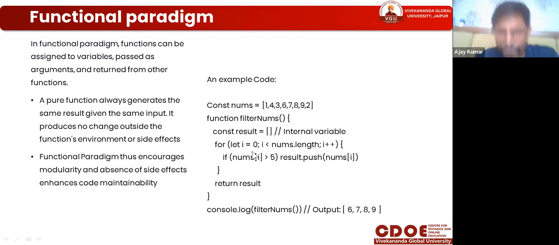Here we use a function name, function filterNums, and filterNums solves the constant result. There is a loop, a control structure, for i equal to 0. If that problem might be computed many times, what is the result? We don't write the code five times.